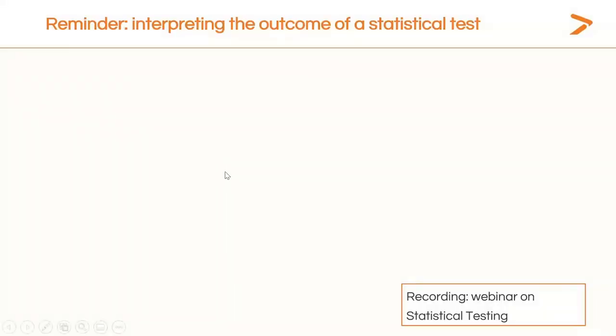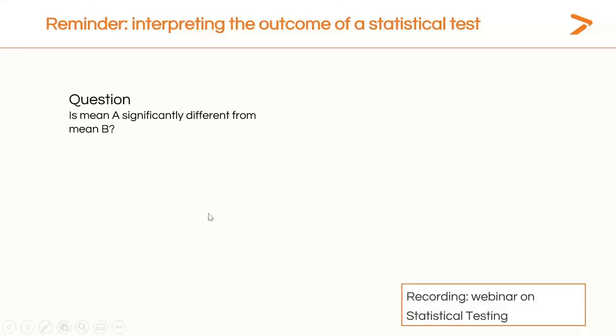So here's a small reminder on how to interpret the outcome of a statistical test. A statistical test usually helps answering a question whose answer is yes or no. For instance, is mean A significantly different from mean B? Is mean systolic blood pressure from the drug group significantly different from the mean systolic blood pressure from the second group?